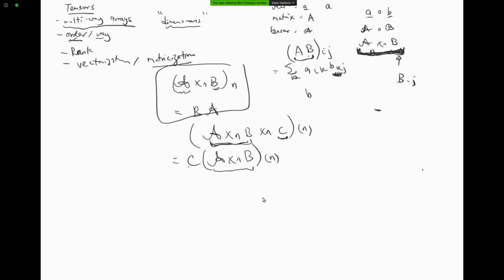So then I just repeat again, then I have C and B times A mode-n of that. So then you can see that this is actually just equal to A mode-n multiplication of C times B, the matricization of that. So therefore this is just equal to this guy here.